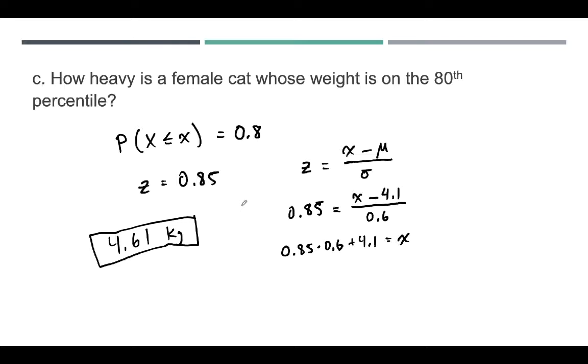And let's just be clear what this means. This means that 80% of the cats will weigh less than or equal to this. That's what that means.